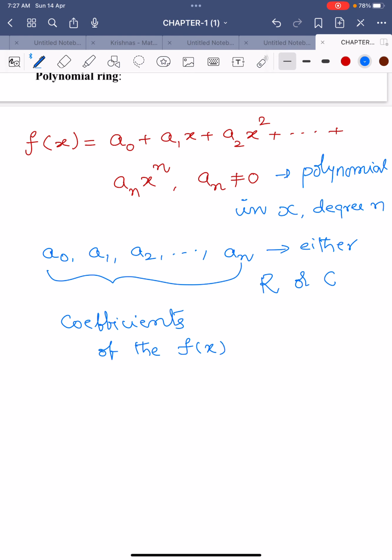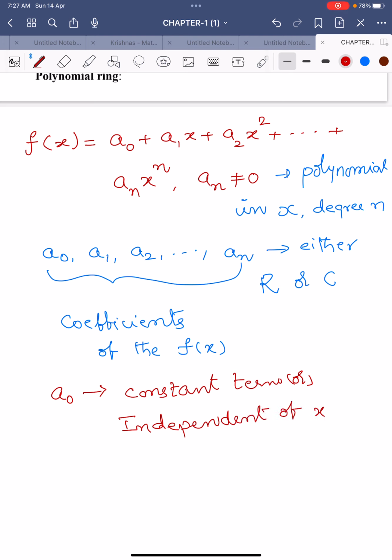Here the initial term a0 is called the constant term or independent of x term, and an is called the leading coefficient.